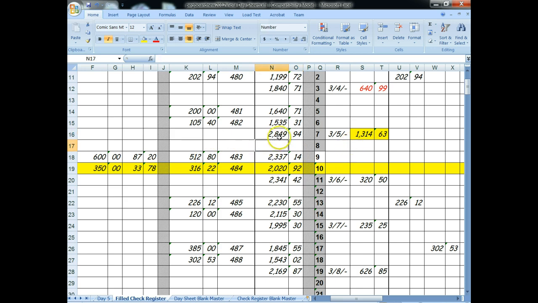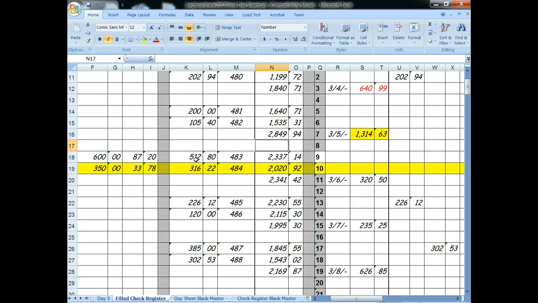Once you deduct the $512.80 from the $2,849.94, you're going to get $2,337.14. So remember to add in day 2's deposit to the day 2 total, then deduct the net pay.